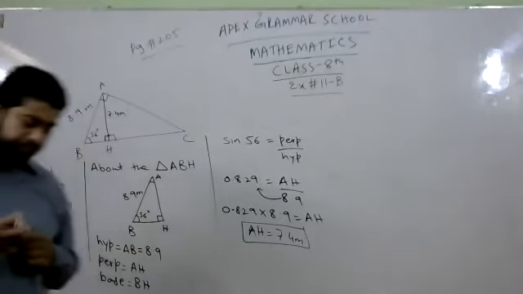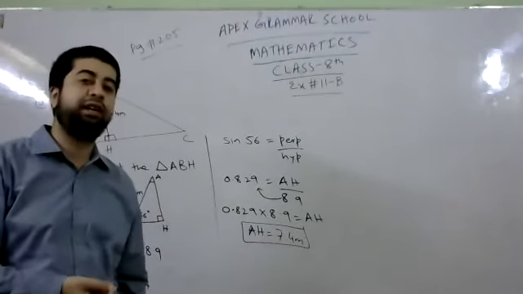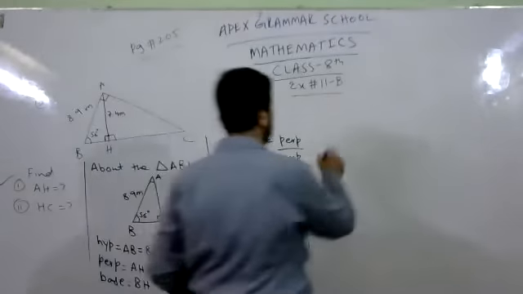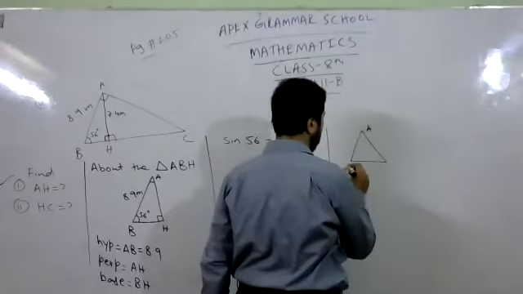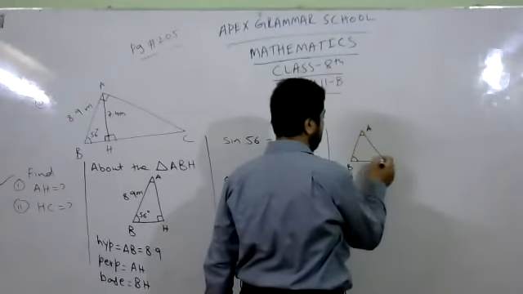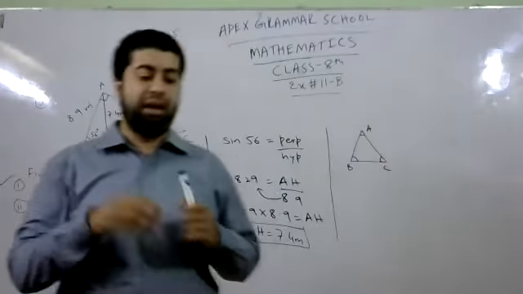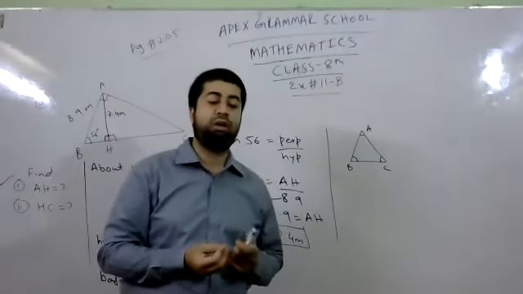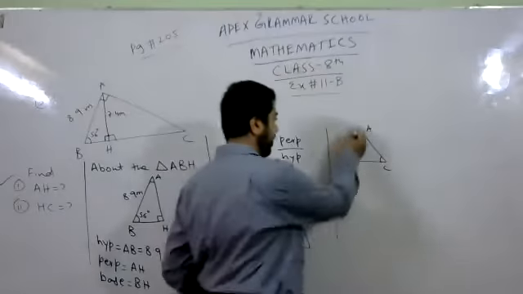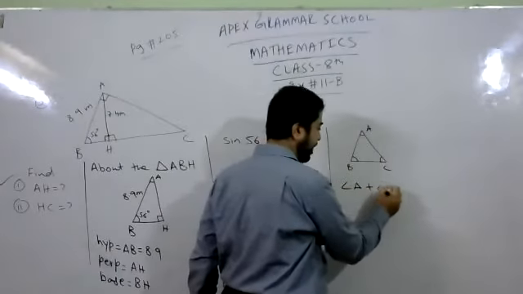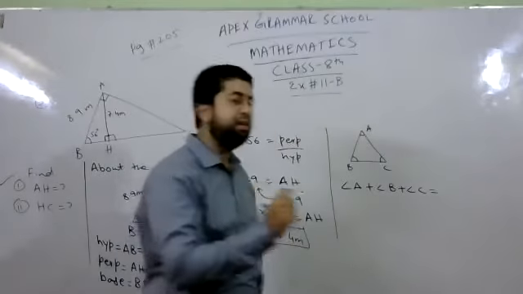We remember that every triangle's angle sum is equal to 180 degrees. If you don't know it, I'm going to tell you that every triangle in the world has three angles, and the sum of these three angles, angle A plus angle B plus angle C, is always 180 degrees.